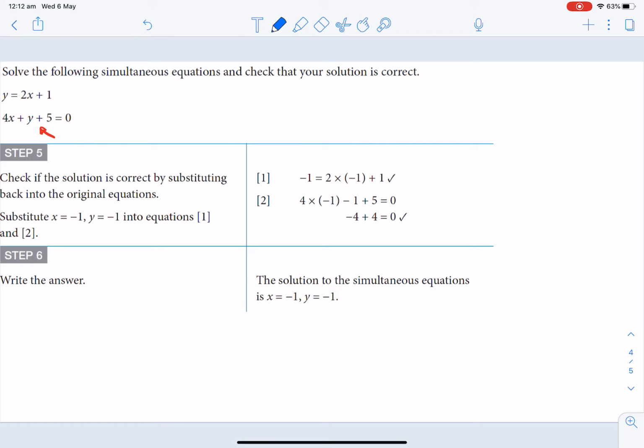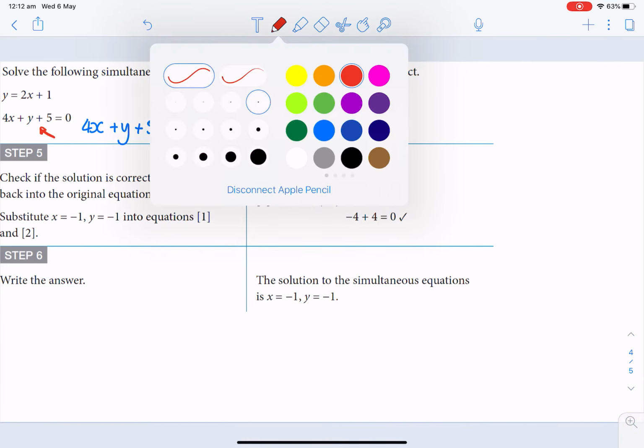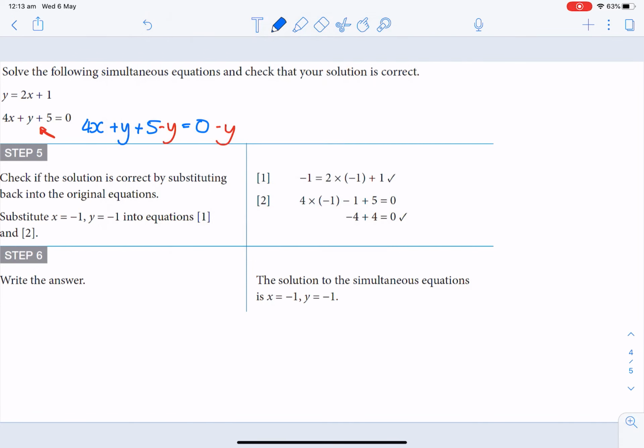I'm going to take the easy way out. I'm going to take y from both sides. So 4x plus y plus 5 equals 0. Take y, and I end up with 4x plus 5 equals -y.